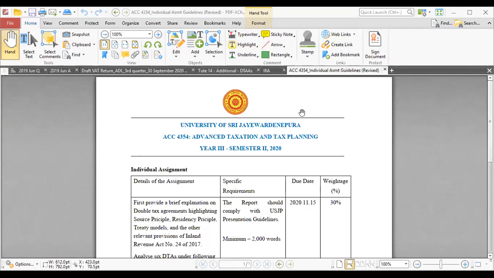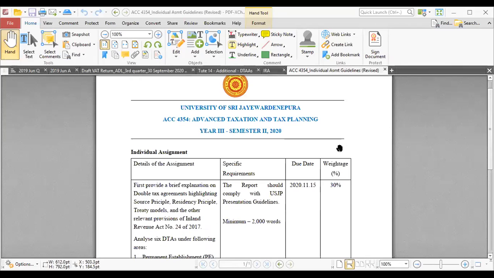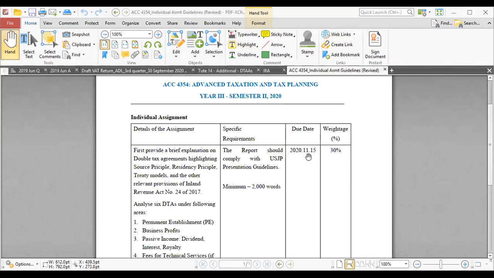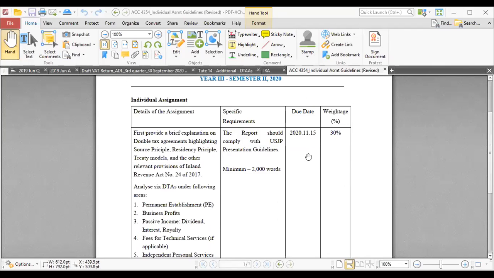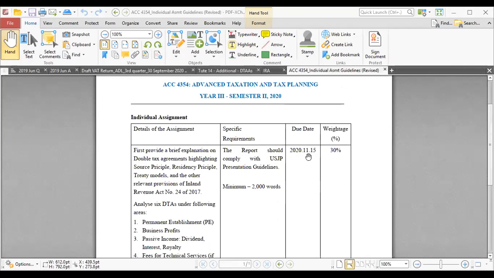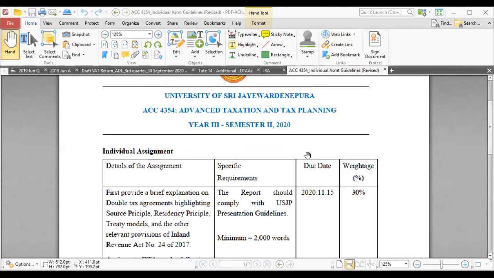First of all, I would like to go through the assignment again, because a few students asked for details since they were unable to join the last session.